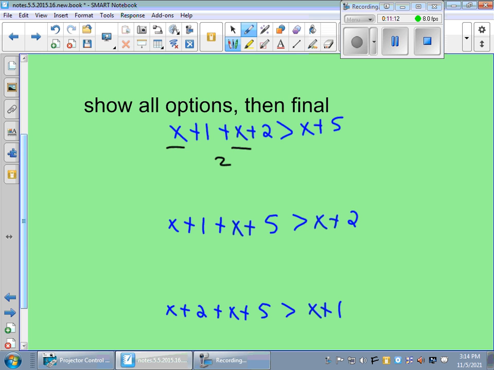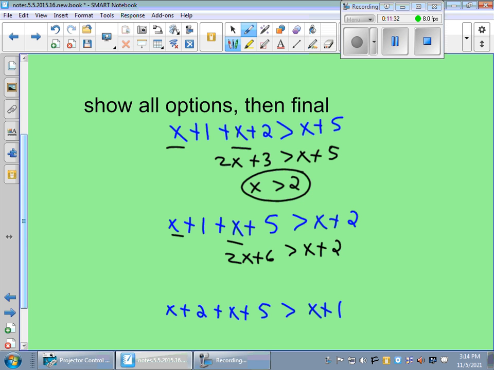That right here is 2X plus 3 is greater than X plus 5. You subtract over, we get X is greater than 2. This equation right here, we have 2X plus 6 is greater than X plus 2. Subtract over, we get X is greater than a negative 4.